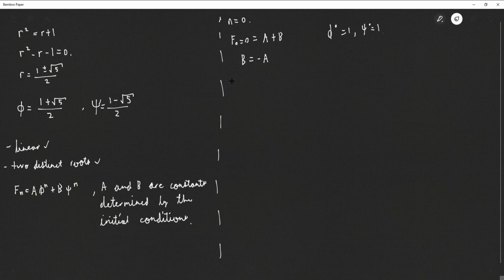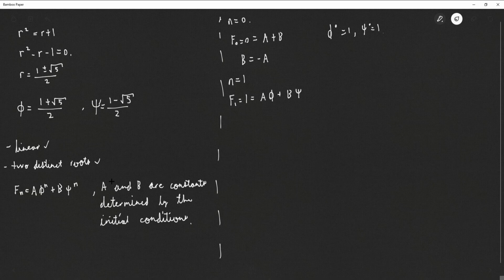Next up, we want to use our second initial condition that we had, which was our n equaling 1. So our f1 is equal to 1, which is equal to a times phi to the 1, which is just phi, plus b times psi to the 1, which again is just psi.